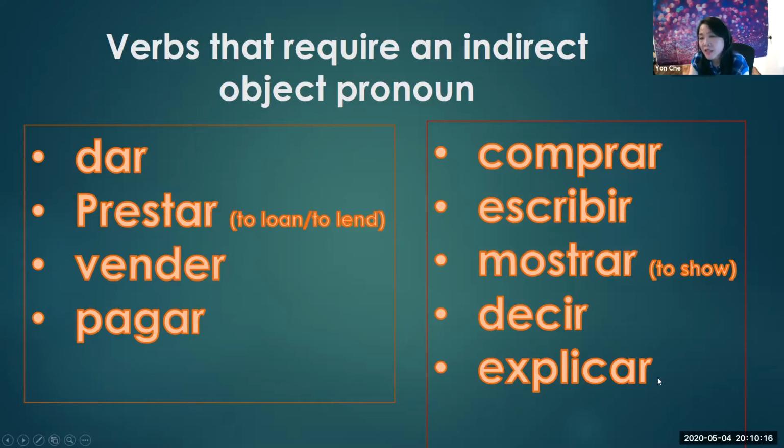Because of what the verb means, in order for you to make the idea complete, you will have to include an indirect object pronoun or a noun in the sentence.